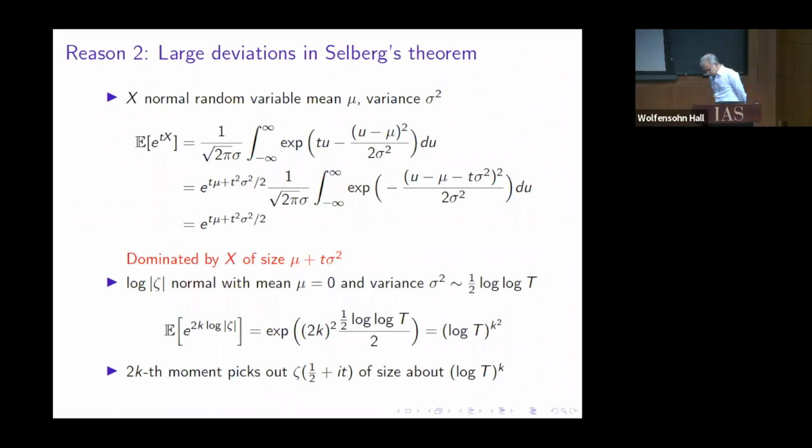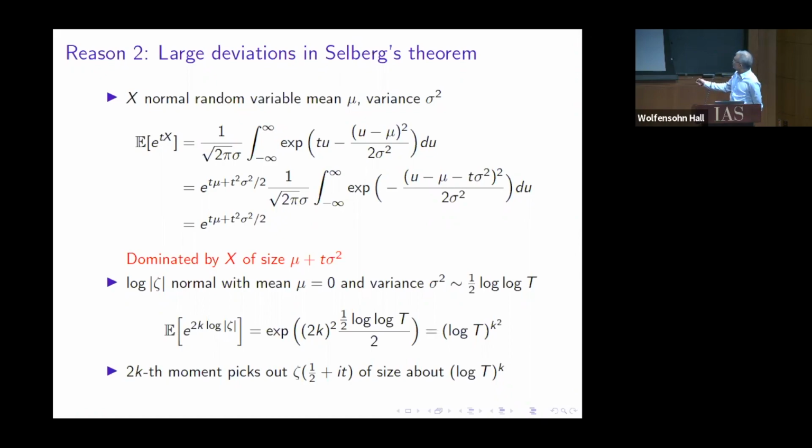There's a second way to think about where this order of magnitude comes from. And this is maybe one of the things that I'll focus on in this talk, which is that imagine you just have some normal random variable X with mean mu and variance sigma squared. Then what we are computing here are exponential moments, the expected value of e to the tX. And this is a simple calculation. So you just write down literally what it means.